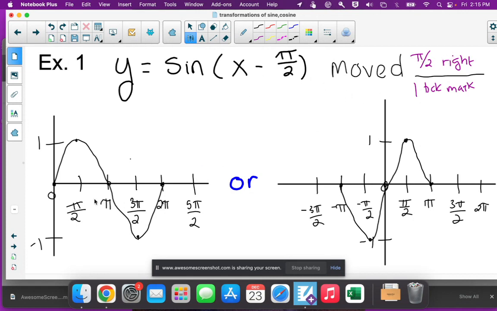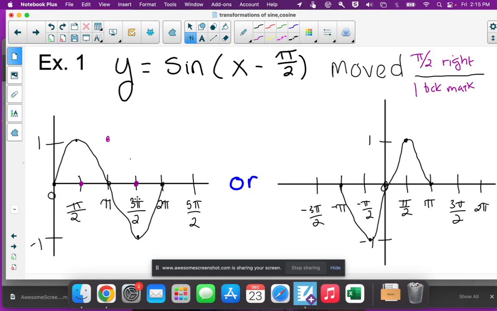So everything is going to slide one tick mark to the right. So instead of being at 0, 0, it'll now be at pi over 2, 0. Instead of being at pi over 2 at 1, that 1 will now move over to pi. Instead of being at 0 for pi, it'll now be at 0 for 3 pi over 2. Again, we're just sliding everything one tick mark to the right.